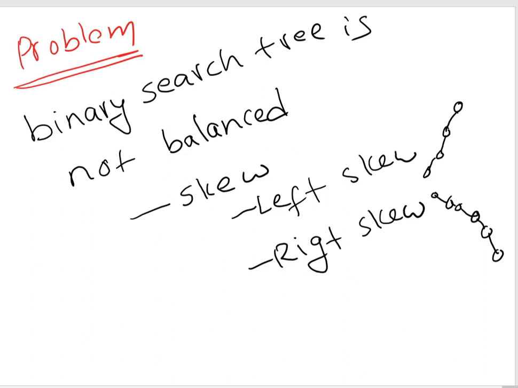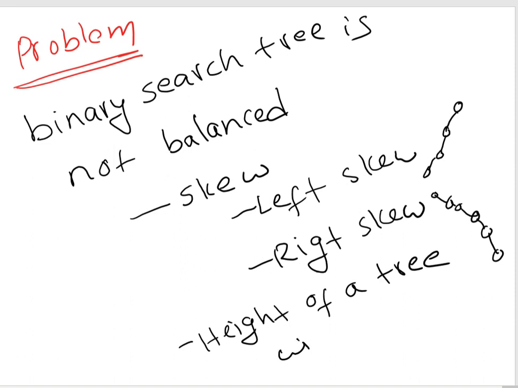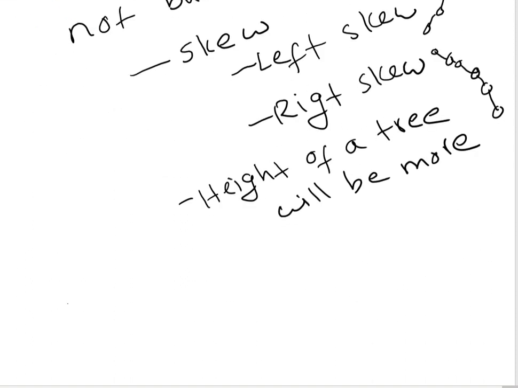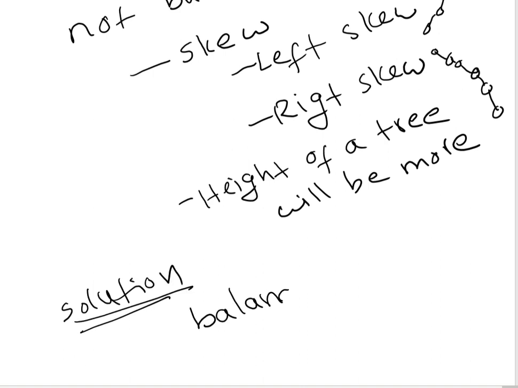So if skew is more, the height of a tree will be more. So the solution is to balance the tree, so operations will be reduced.